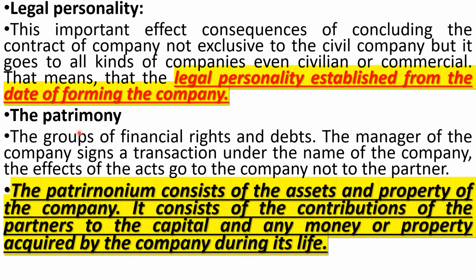Second effect of the formation of the company contract, the patrimony. Patrimony means the assets and property of the company, and it also consists of the contributions of the partners to the capital and any money or property acquired by the company during its life.